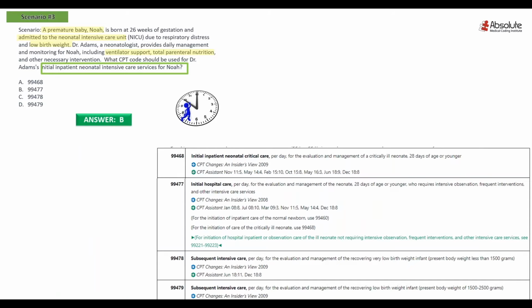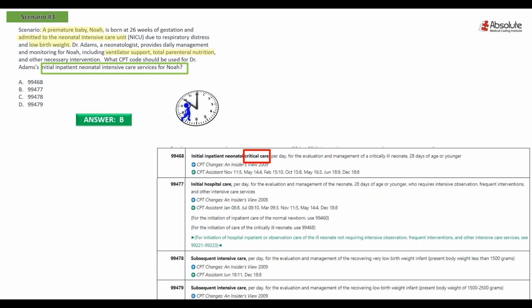And here is how. Whom are we coding for here? We are coding for the neonatal intensive care services for Noah, for Dr. Adams, who has performed the neonatal intensive care service.